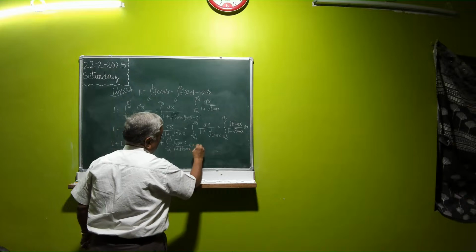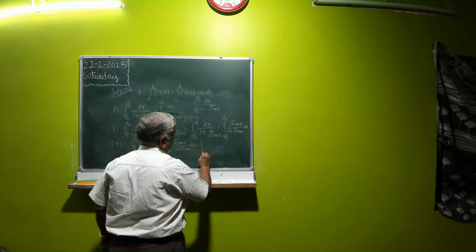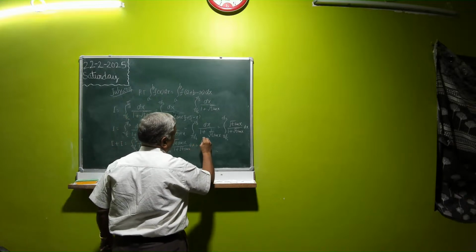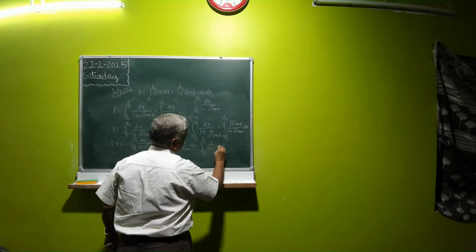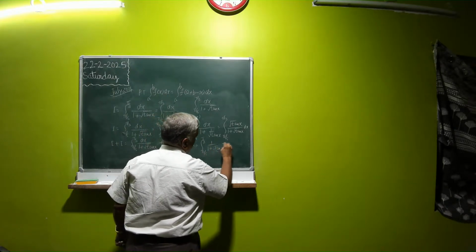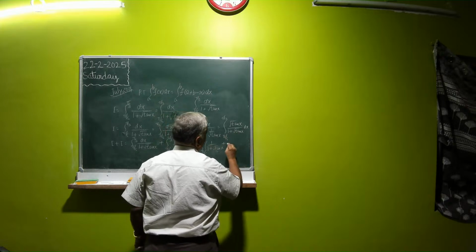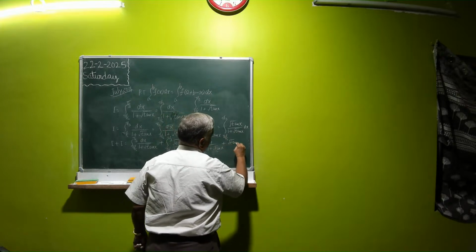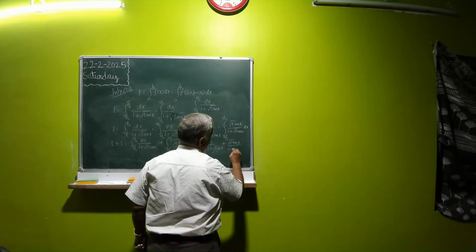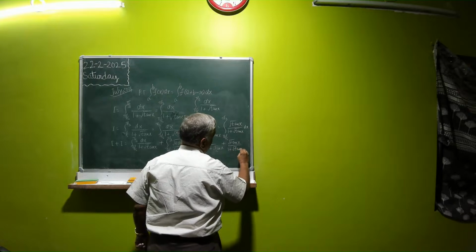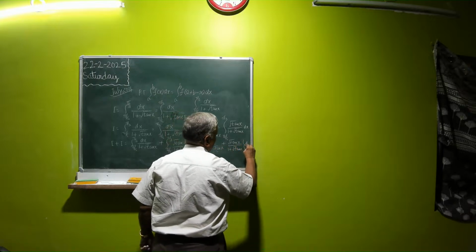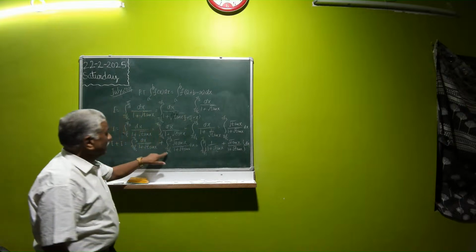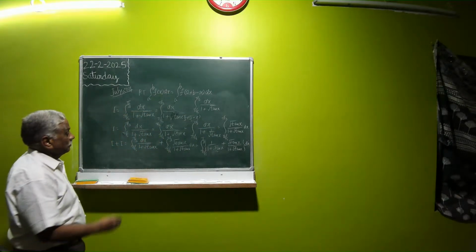You can write this as integral pi by 6 to pi by 3 of 1 over 1 plus root tan x plus root tan x over 1 plus root tan x dx. See, because both the integrals are same, we can combine that.